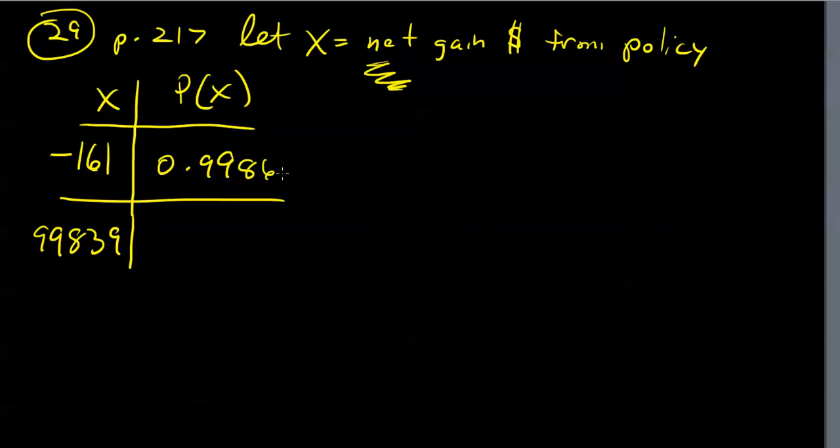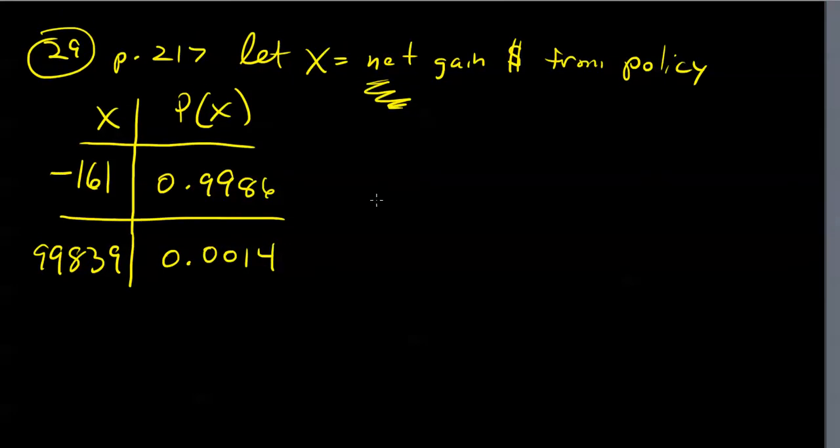Well, what then is the probability that the man will die? Well, of course, it's going to be the complement of 0.9986. I just subtract that value from 1, and I get 0.0014. Alright, so now that I've constructed the probability distribution for the net gain in dollars from this policy, I can now compute the expected value.